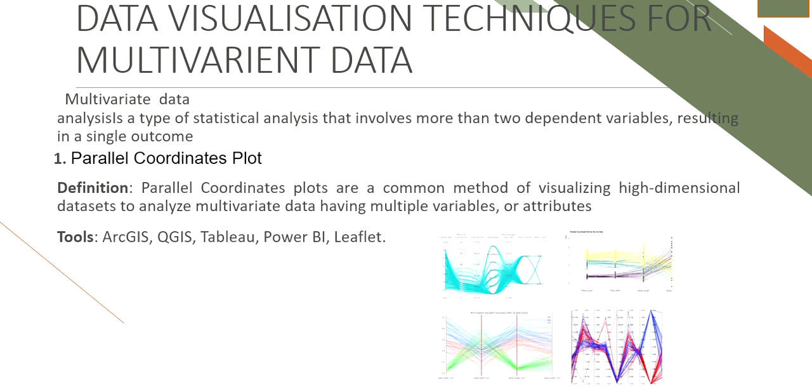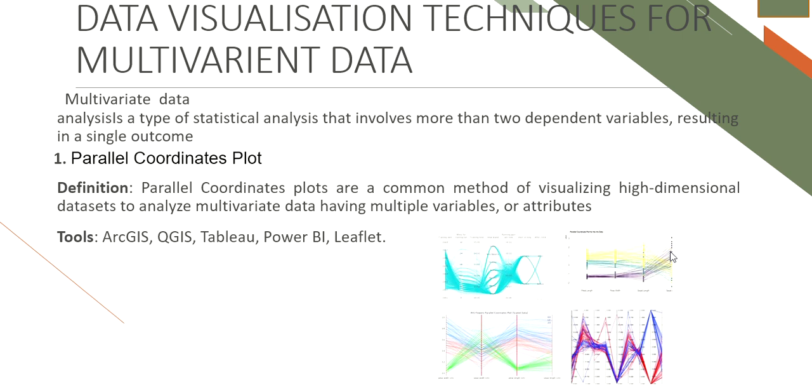The first thing is a parallel coordinate plot. This is a high-dimensional analysis of any type of data that has multiple attributes. For example, if I want to represent two or more sets of data, then I will go for parallel coordinates. And parallel coordinates look like this. Since I am representing two or more data sets, by looking at the color, like here purple, blue, and orange, we can tell what kind of data represents what kind of data set.